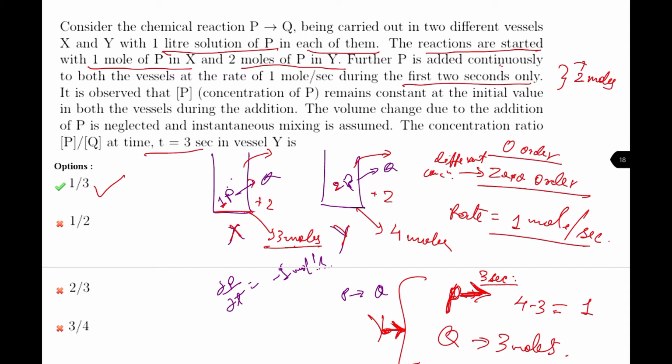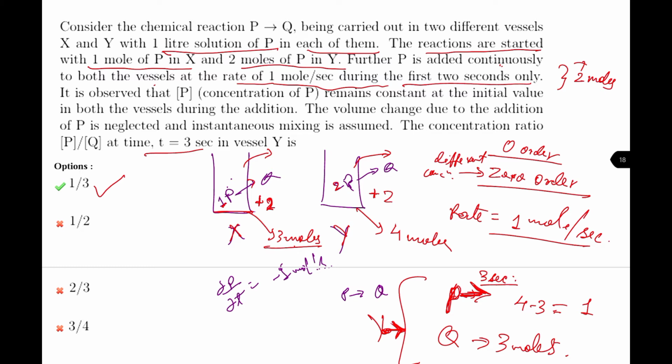P is added continuously to both vessels at rate 1 mole per second during first 2 seconds only. So in 2 seconds we will add 2 moles of extra P.